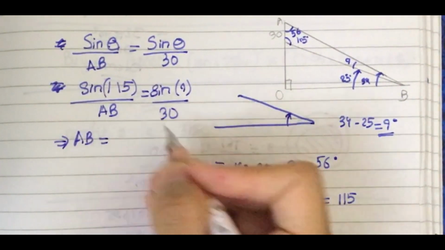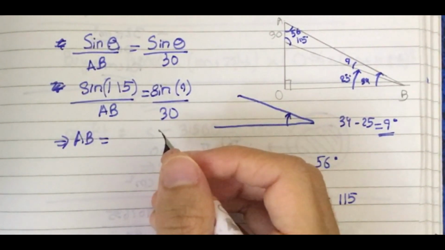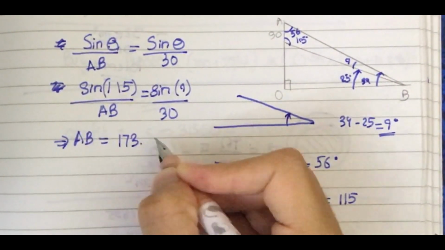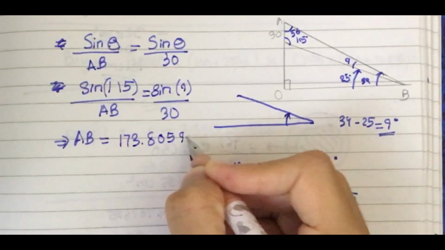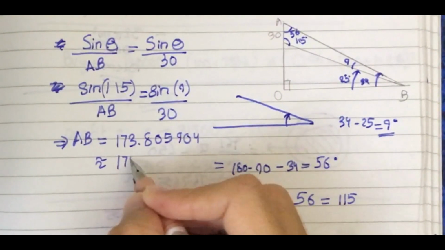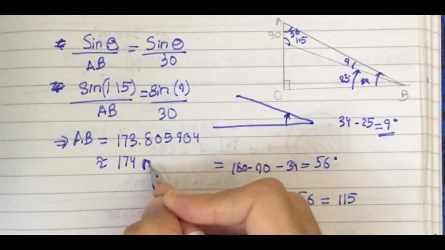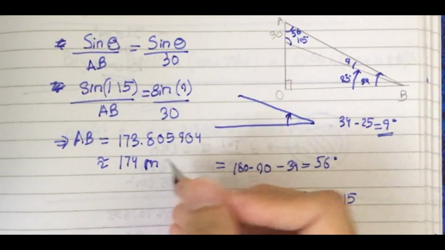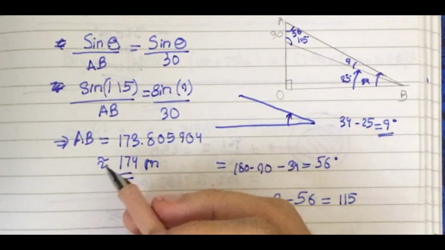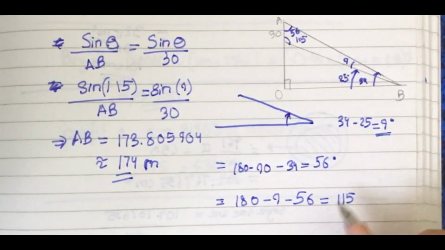Once you have substituted and calculated the value through your calculator, you get AB as 173.805904. To round it off, it will be 174 meters, as per the instructions given, 3 significant figures if not mentioned. So this is your 3 significant figure answer for AB, your final answer.